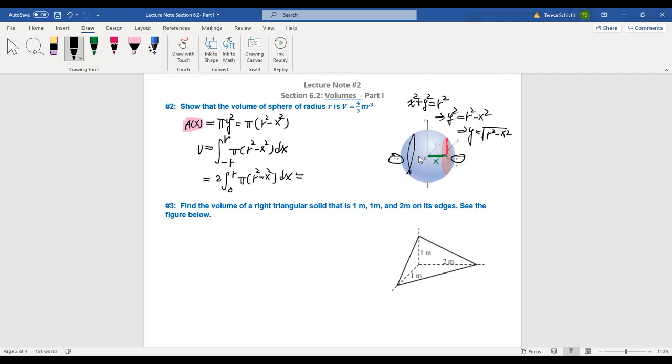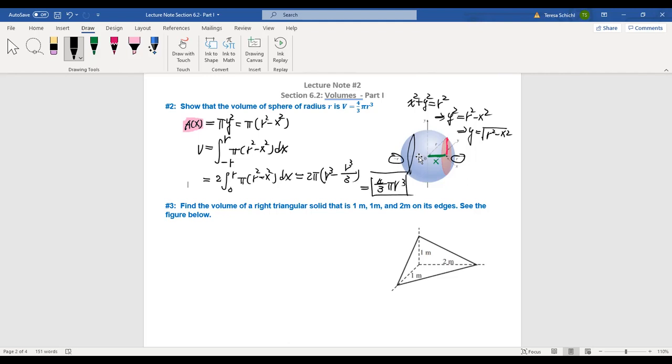If you do the integration, you will find this is 2 pi, then you put in the upper limit, r cubed minus r cubed over 3. So what is the answer? The answer is 4/3 pi r cubed, and that is what we learned in geometry time.